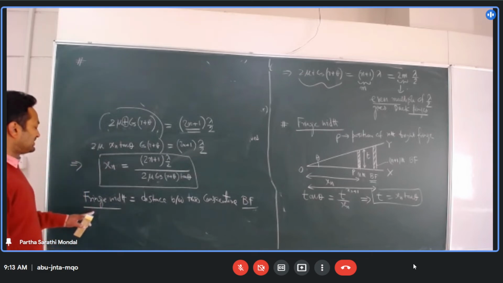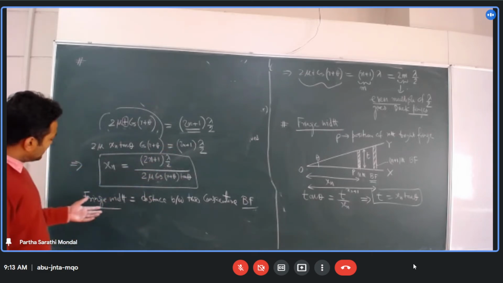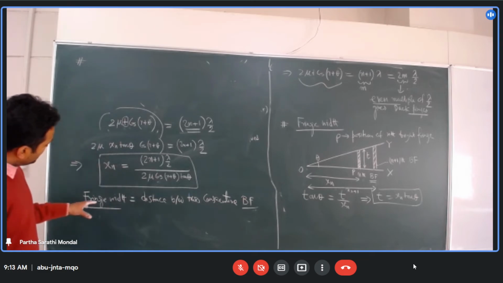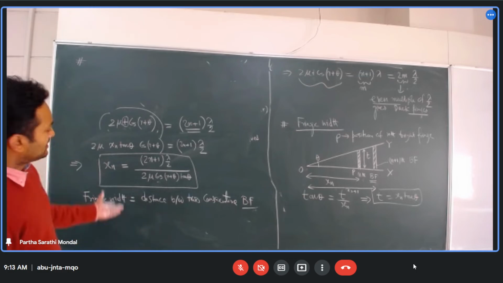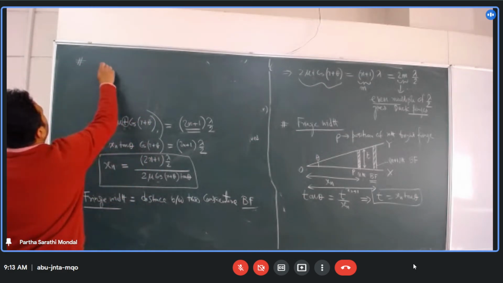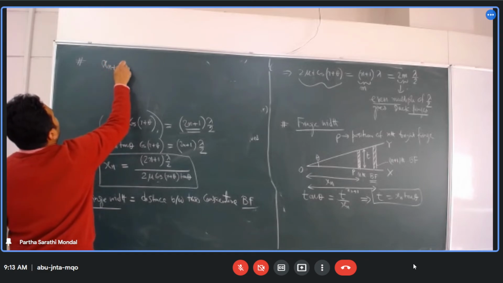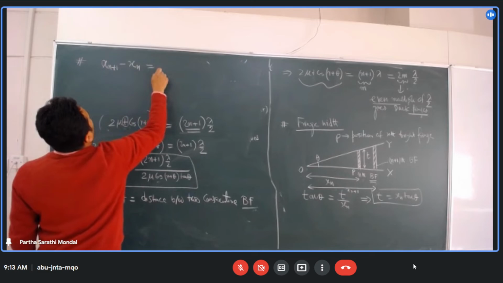And if I say the fringe width between dark fringes, then you have to take the distance between two consecutive dark fringes. So if I calculate x(n plus 1) minus xn, this is actually your fringe width.